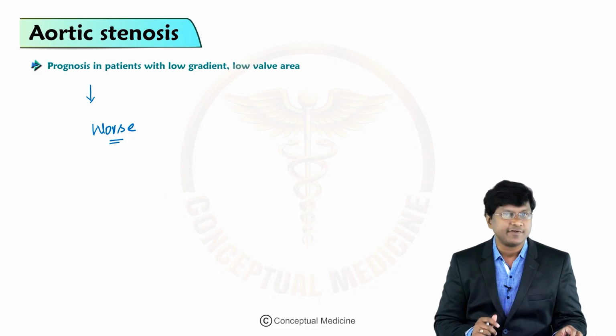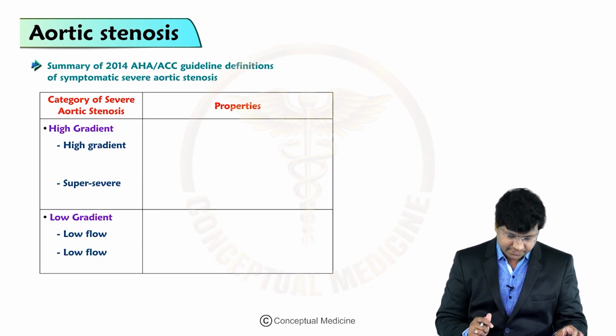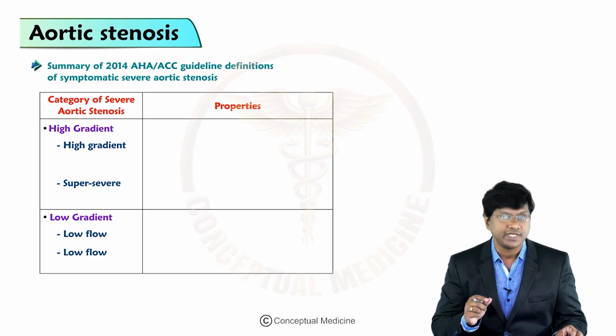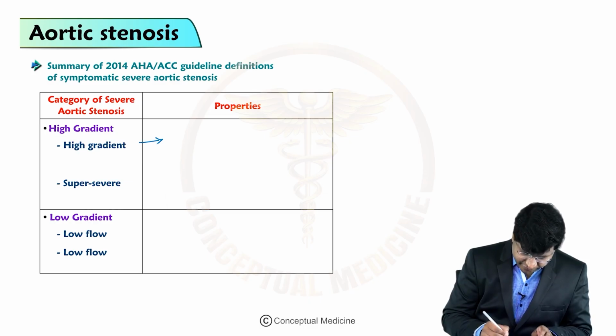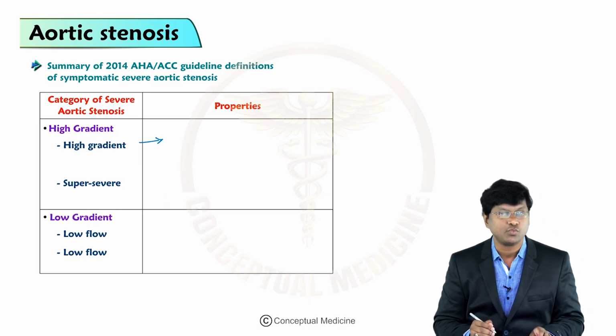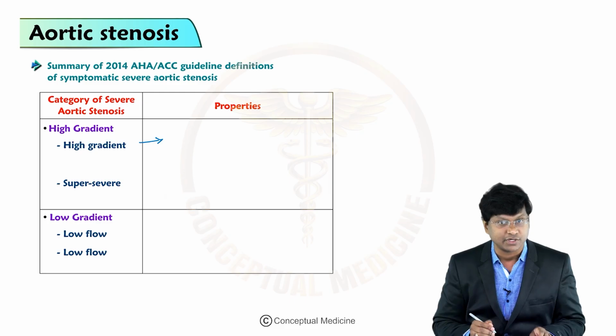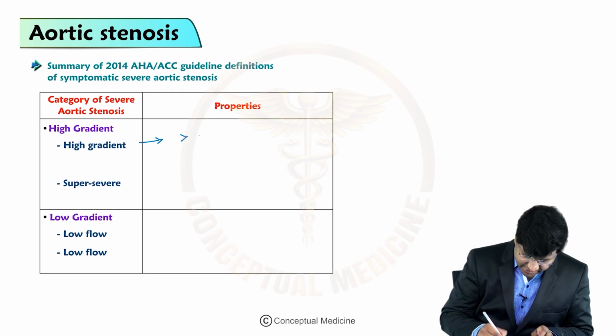Okay. Now, after having discussed this low flow, low gradient, let me discuss the 2D echo in case of the high gradient. In patients with severe aortic stenosis, what have I discussed about the aortic jet velocity? The aortic jet velocity is more than 4 meters per second.